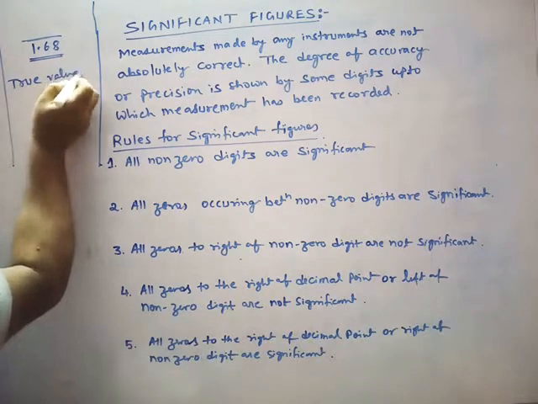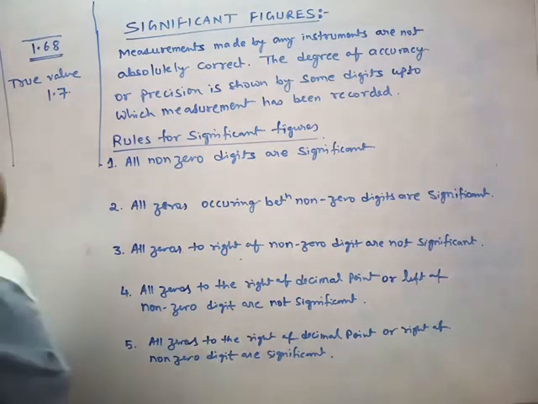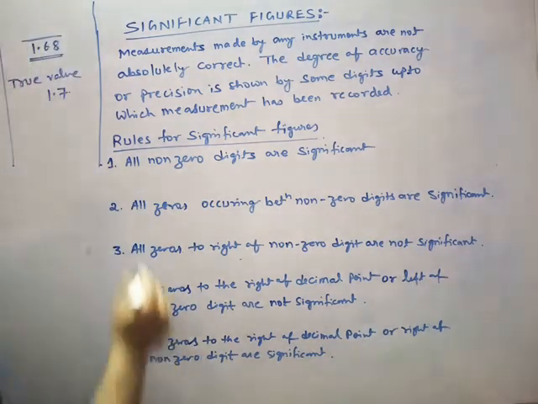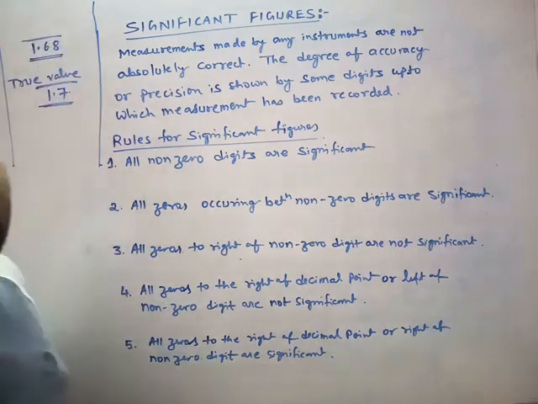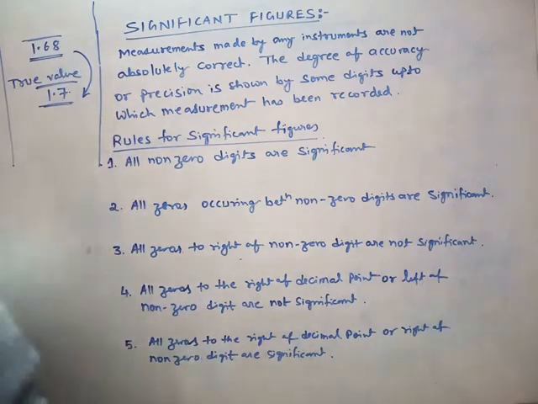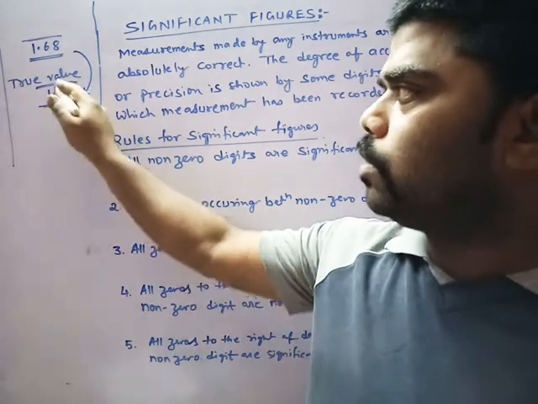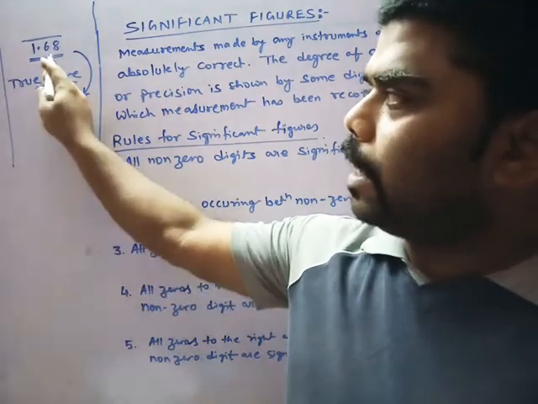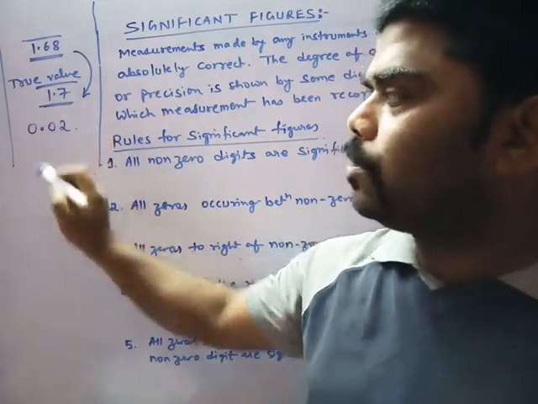The real value is suppose 1.7. True value is 1.7. So if true value is 1.7, your experimental value is 1.68. That means you are more close to the true value. You are very much close to the true value. Is it right? And the difference for accuracy, the difference is 0.02.